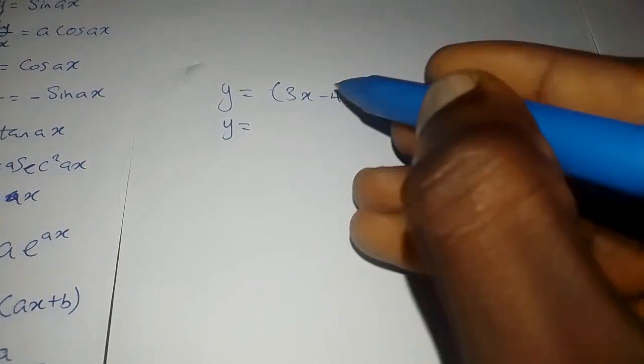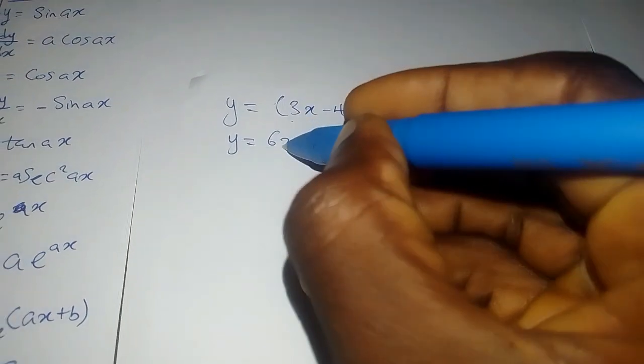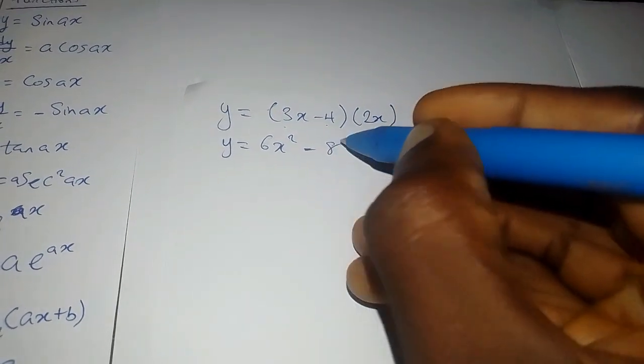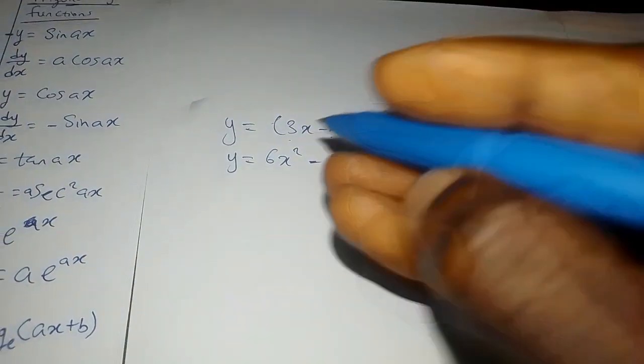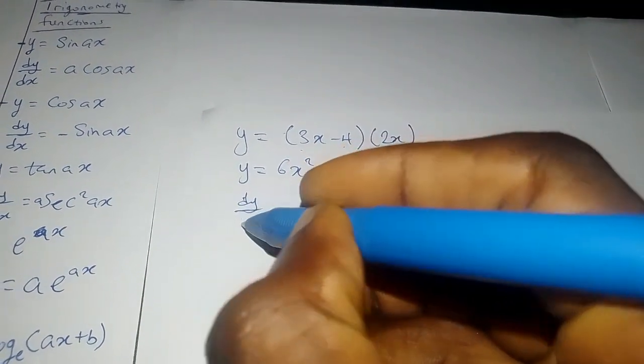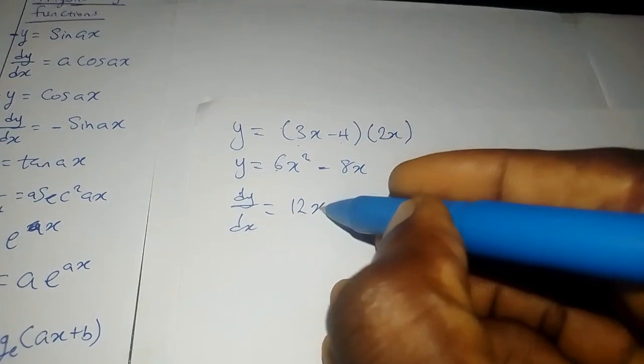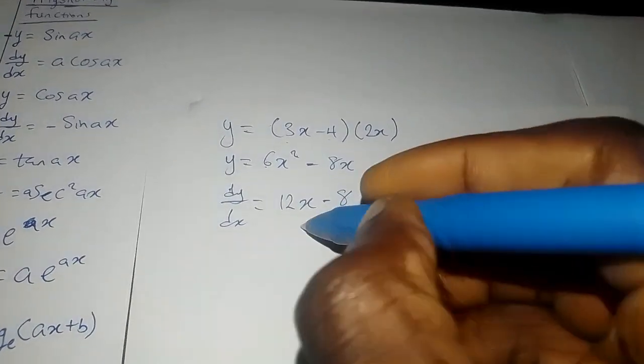Let's first take it by first principle. If y is 2 times 3x, that's 6x squared, then 2 times 4, that's minus 8x. Applying first principle, dy dx is 6 times 2, that's 12x, minus 1 times 8, which is 8, and that's the final answer.